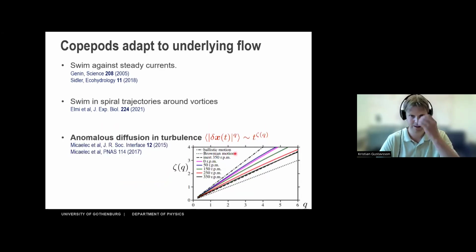A further example of how they adapt to the underlying flow is anomalous diffusion in turbulence.